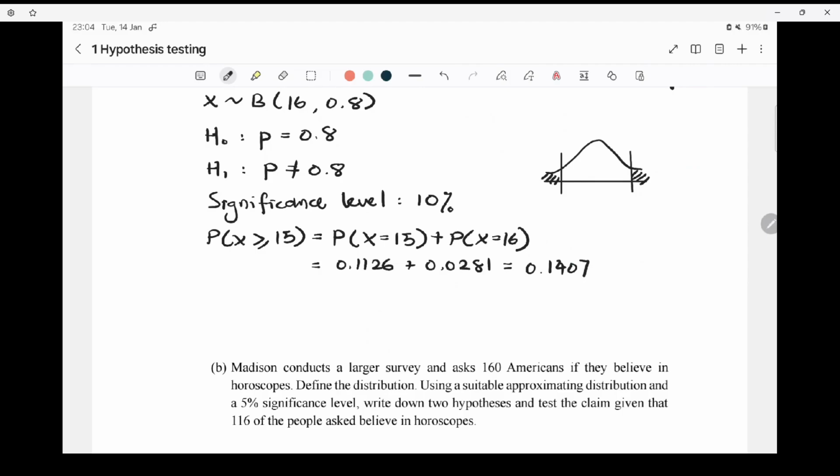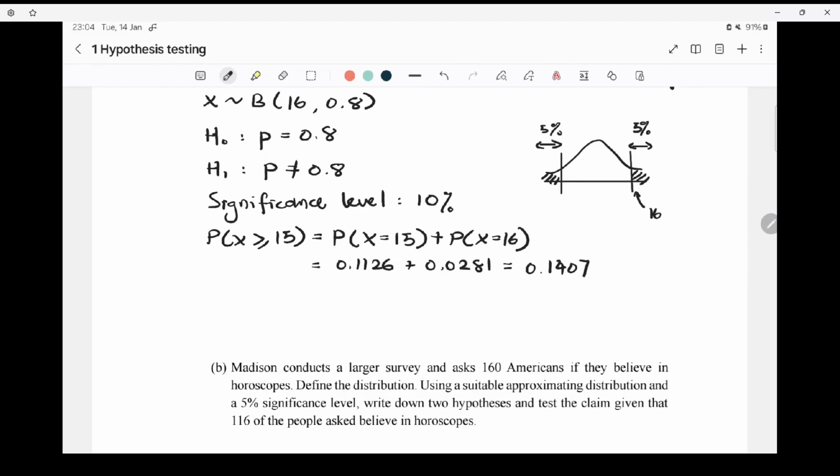Remember that when you perform two-tail tests, because it's 10%, you divide by 2. So over here, you need to have only 5% or 0.05. The other side is also 0.05. So you determine the critical region over here should be 16.